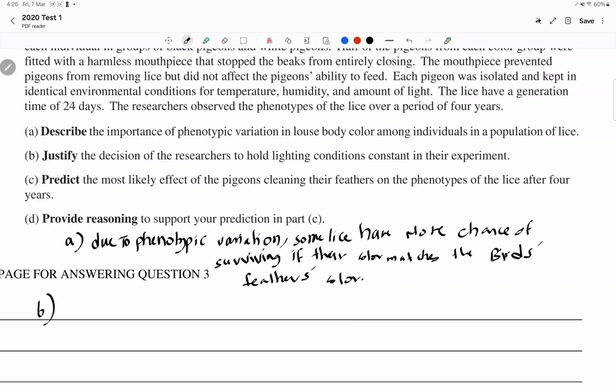Well, the ones that match the skin color just don't die. That's not why. That's basically to control the amount of lice that are getting eliminated without light affecting it. So basically to exclude light as a factor that may have influenced.